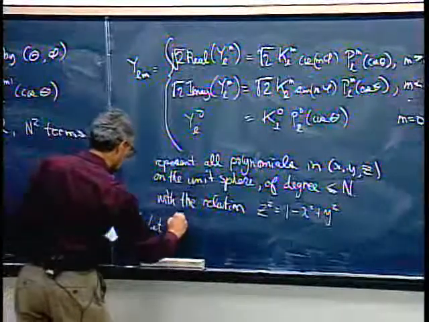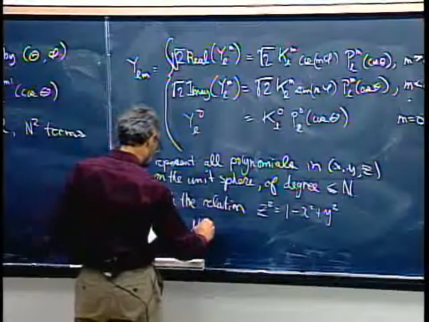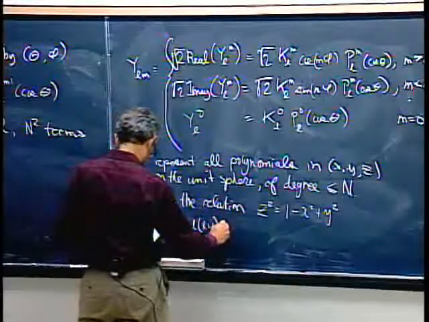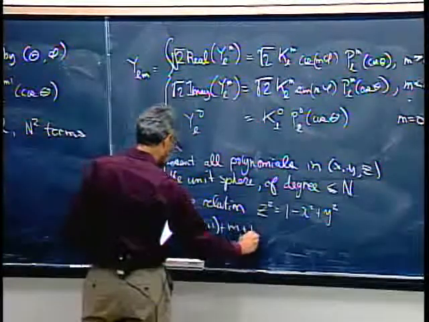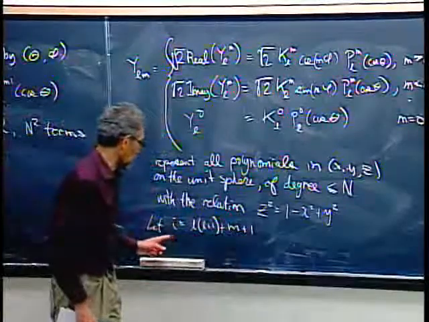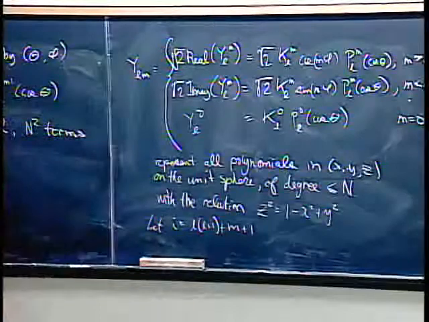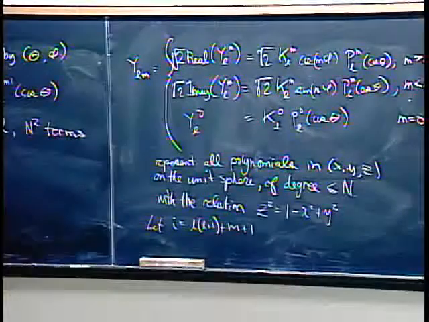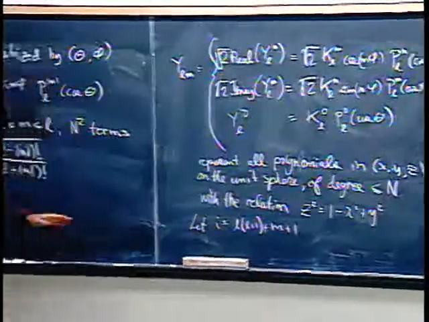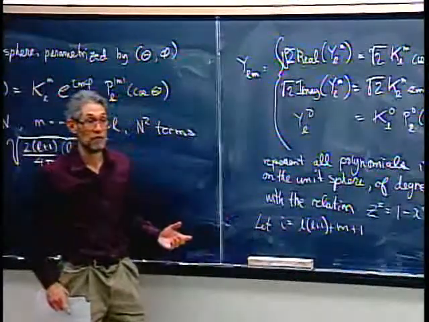Let i equals l times l plus 1 plus m plus 1. This is just a way of turning the pairs into a single sequence: you count 0, then for l equals 1, m goes minus 1, 0, 1, and for l equals 2, m goes minus 2, minus 1, 0, 1, 2. It's just a way of ordering that into a single sequence, so we can have only one subscript instead of 2.